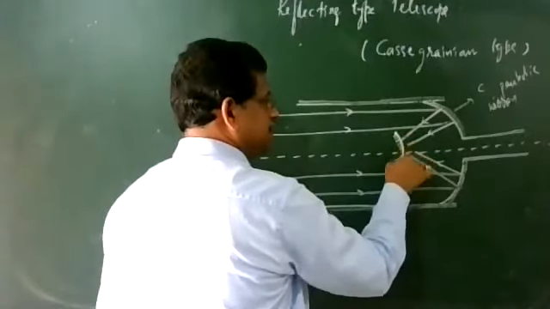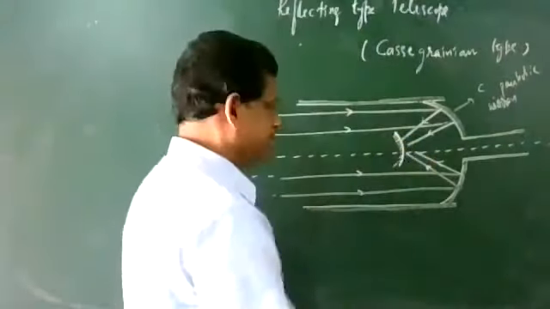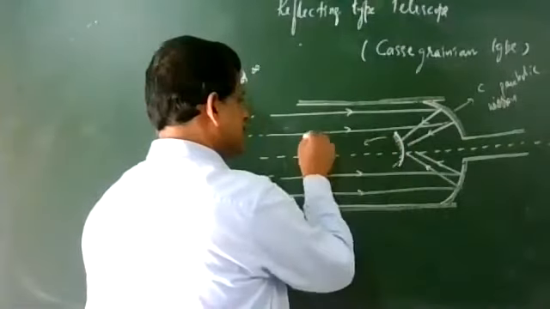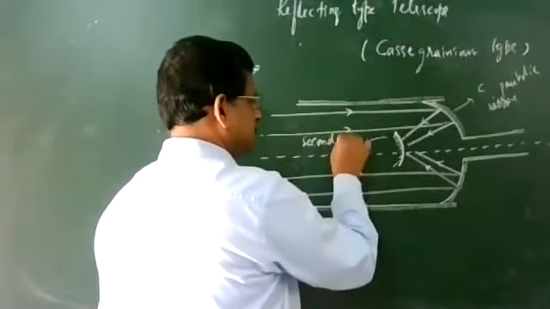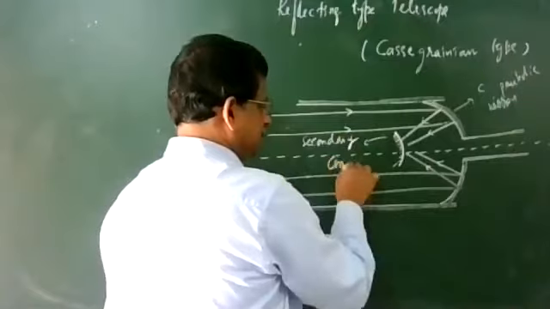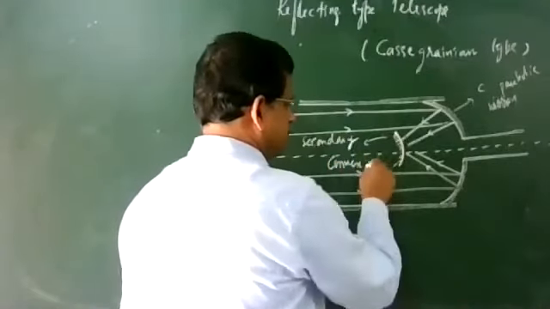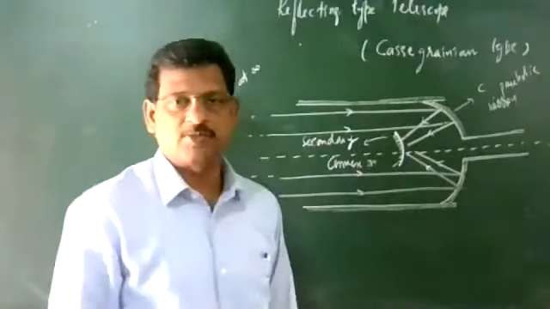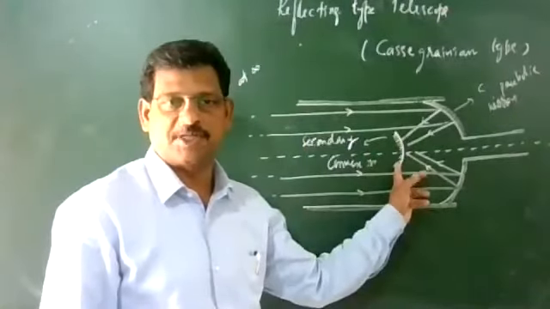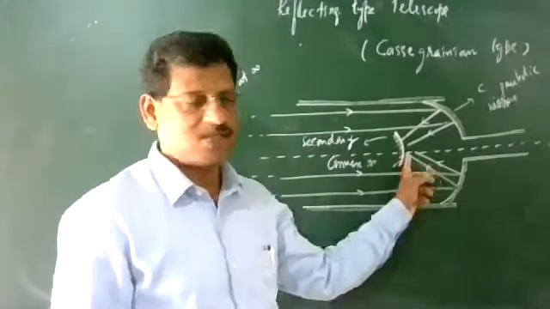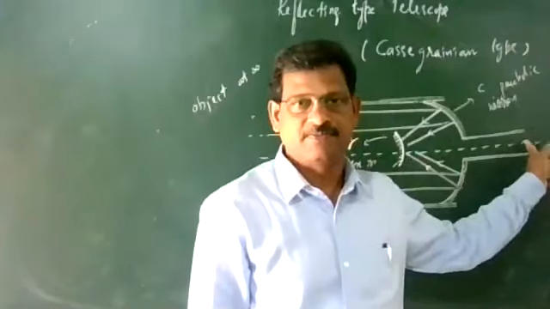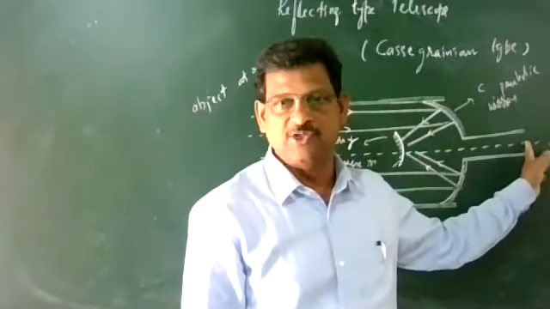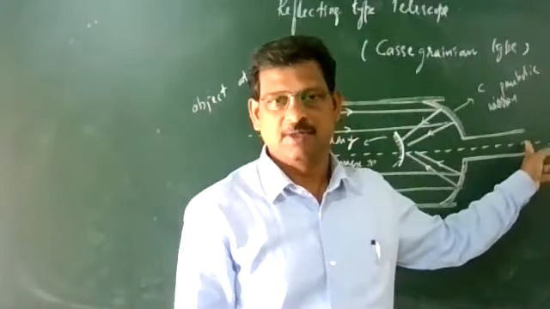What will this convex mirror do? After reflection from the secondary convex mirror, the rays will go to your eyepiece. Eyepiece means eye lens, a convex lens.